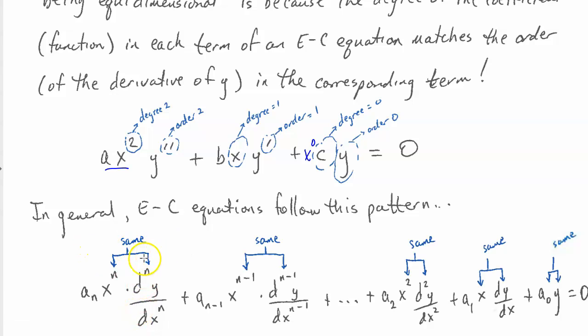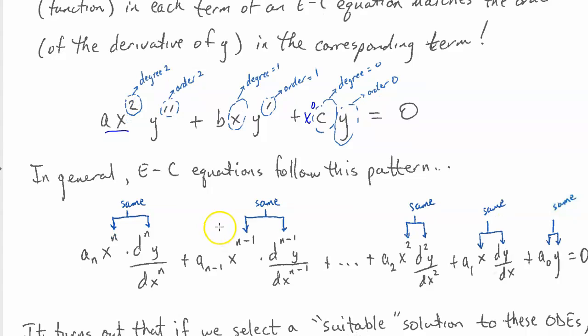Now in general, if we had an nth order Euler-Cauchy equation, of course it will look like what you see here. Again, this is in its standard form. There are other forms of this type of equation that you'll actually see, and I'm going to write one here.